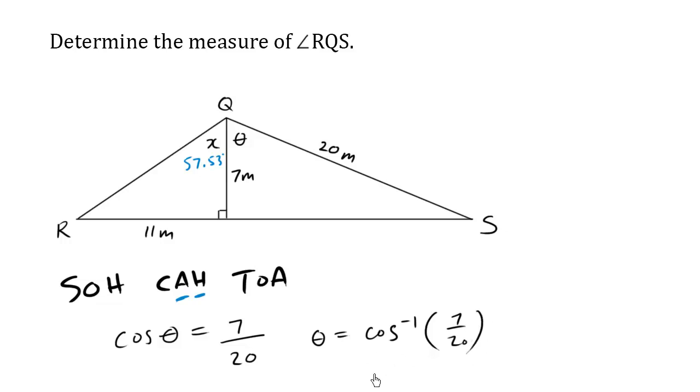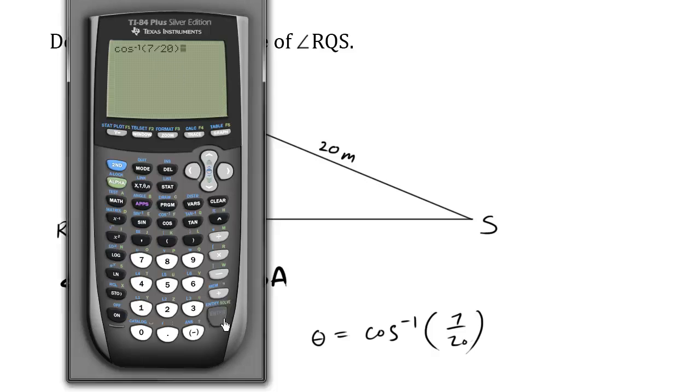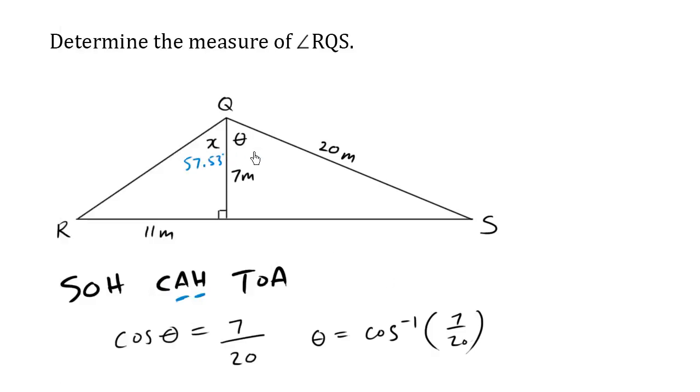And you don't even have to write this if you just want to use your calculator directly. And so the cosine inverse of 7 over 20 on our calculator in degree mode is 69.51-ish. Theta here is 69.51-ish.